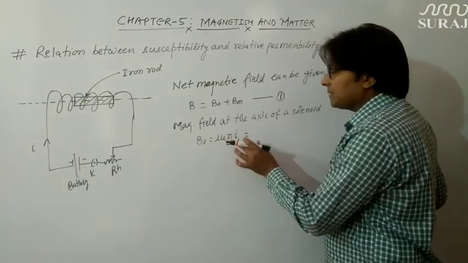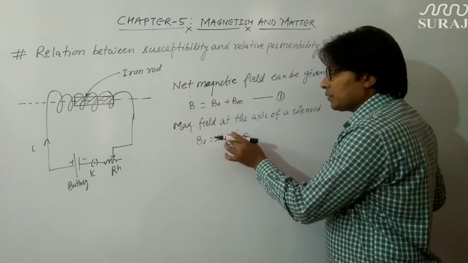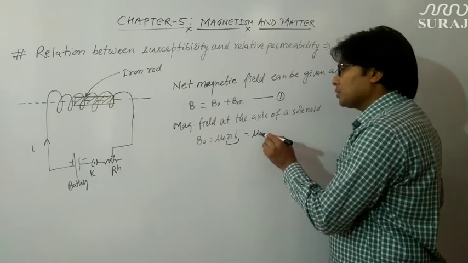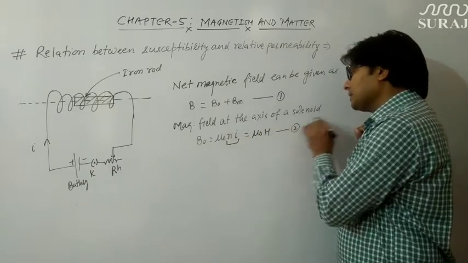So in place of nI I am writing H, so B0 is equal to mu 0 H. So this is equation second.